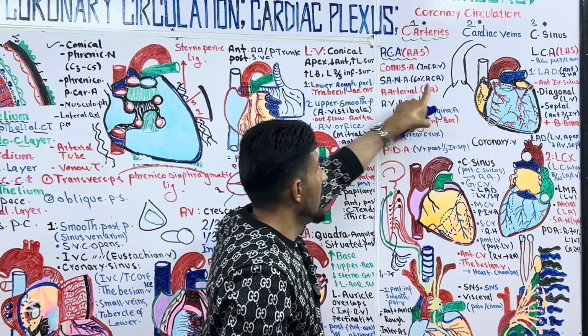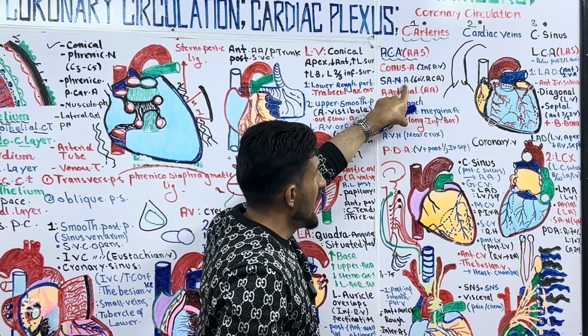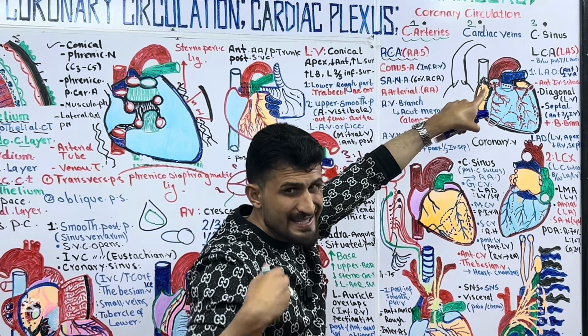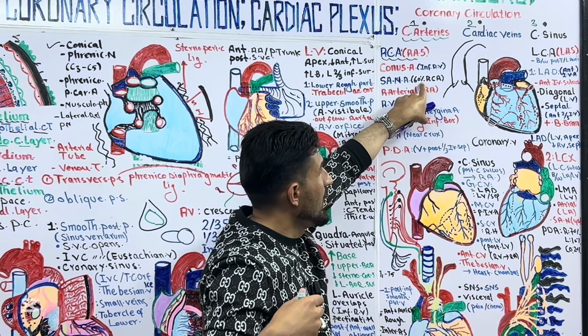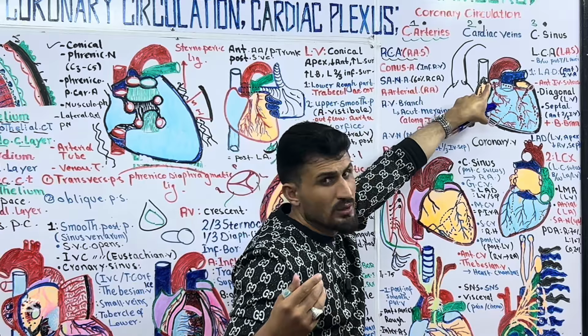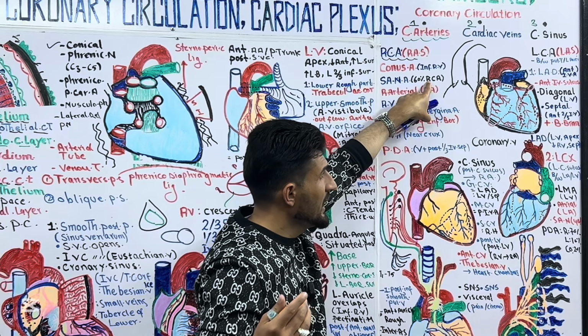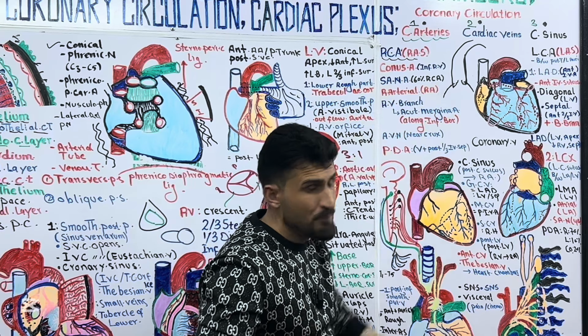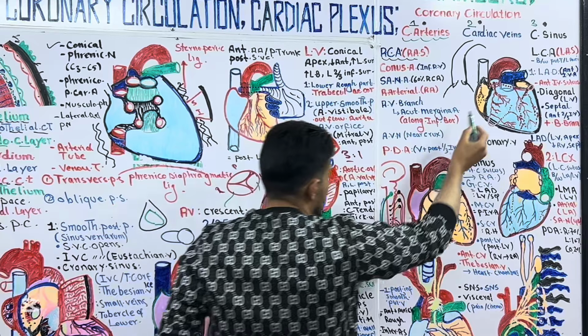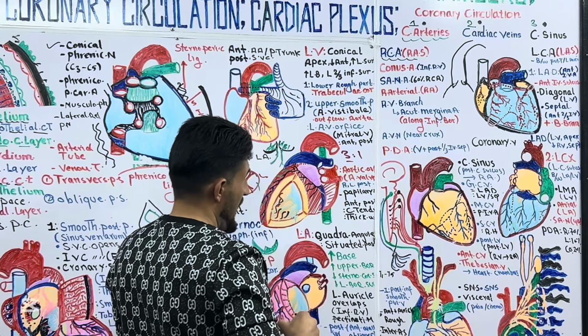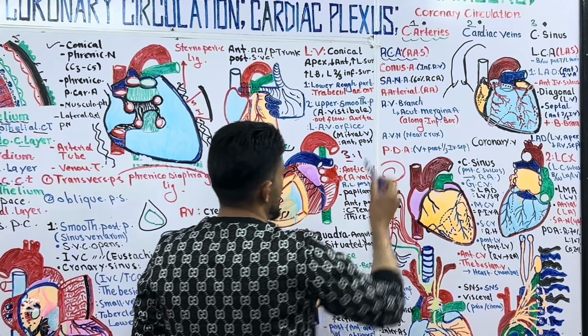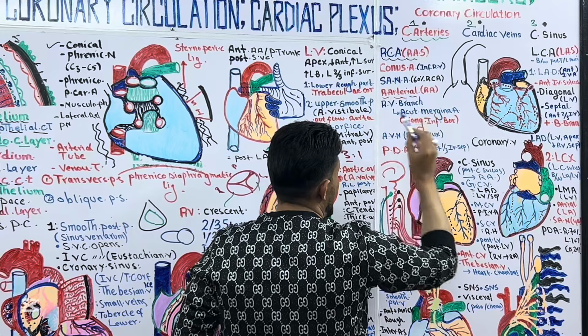This branch is called the SA nodal artery, and in 60% of people this SA nodal artery originates from the right coronary artery.